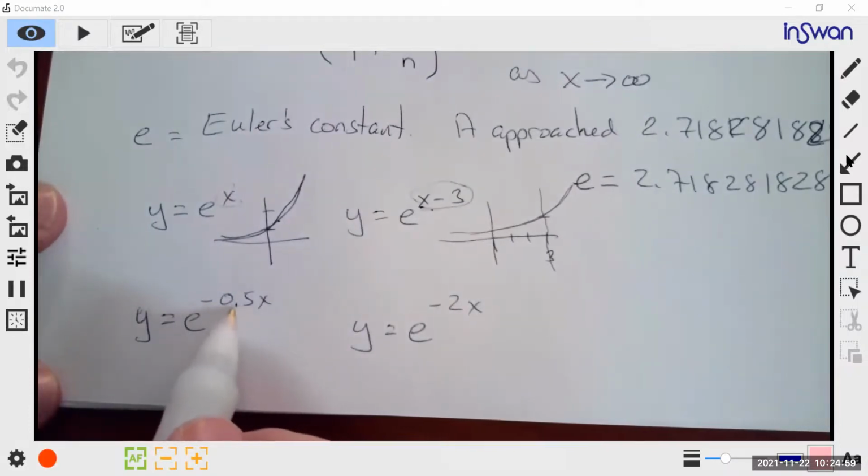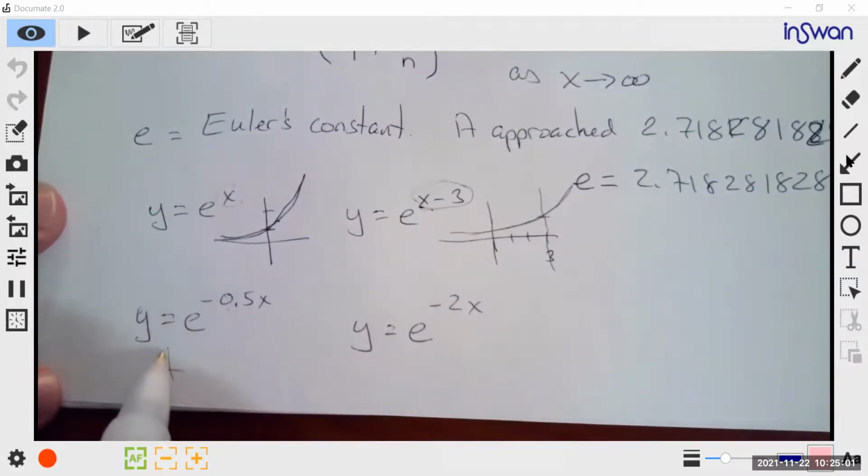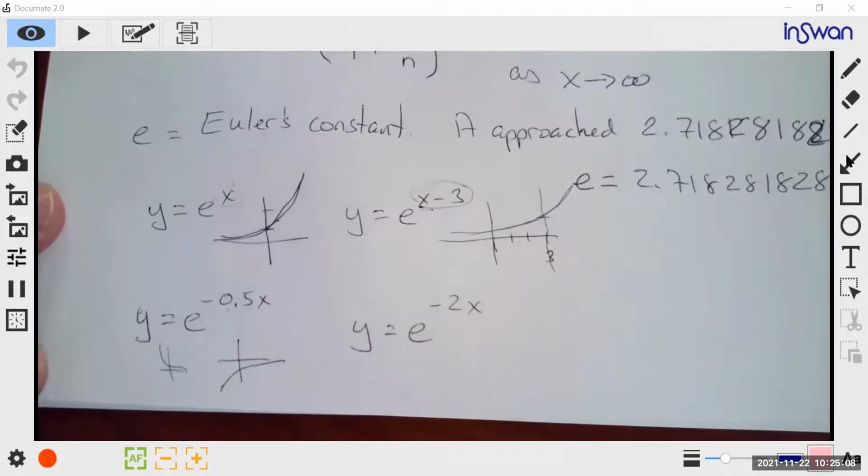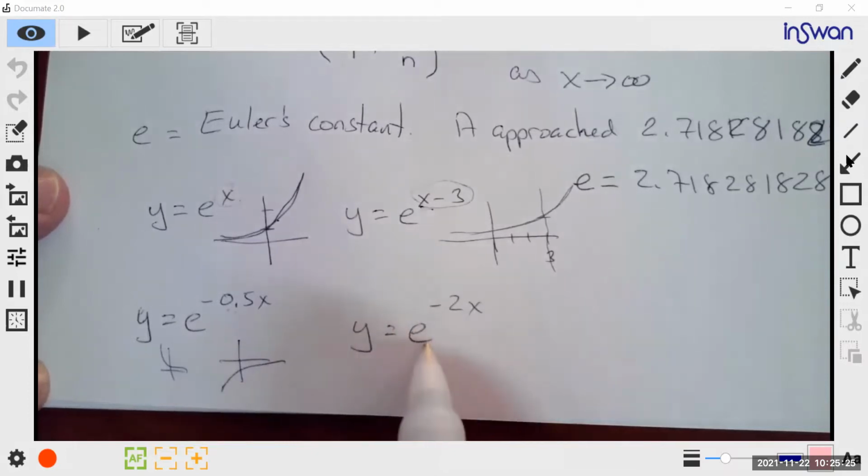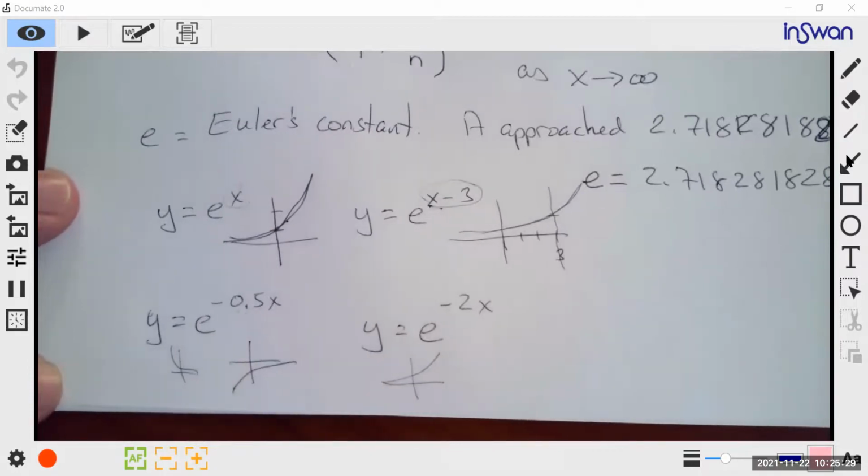This one, it's a fraction, so it's a decreasing function. It's negative, so it's below the x-axis. It flips across the x-axis. And this one, e to the power 2x looks like this.